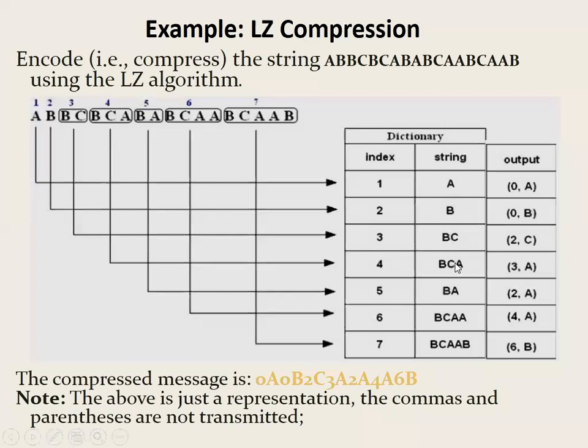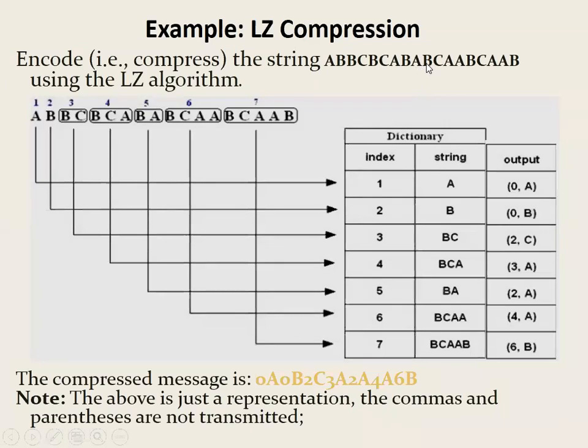BA is not available in any of the indexes from 1 to 4. So BA is unique. Why did we add A on B? Because B is already available at index 2. So our output is 2A. So we stopped at BA.